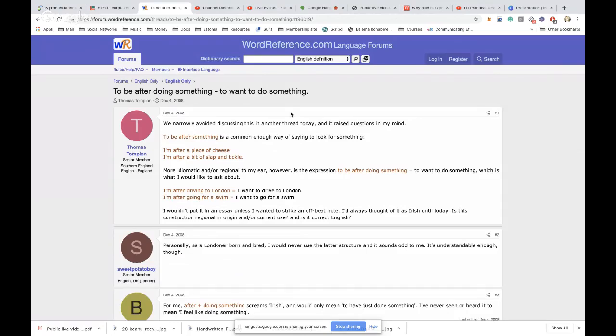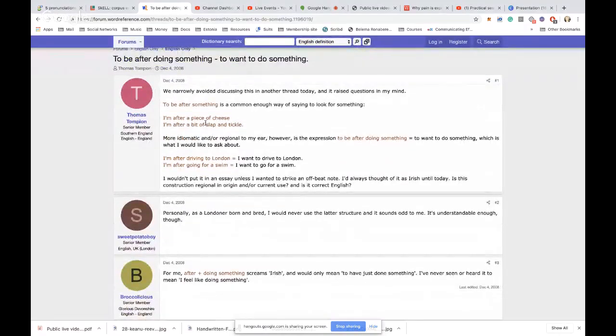Because when you Google something, always remember that Spanish people, Bolivian people, and Russian people also write a lot on the internet, and Google can index everything they say. It doesn't mean that if you find it on Google, it's 100% correct. We only look at sources that are written by native speakers. And this is a good one, where native speakers explain pretty well, very often, what it means. So let's look at this.